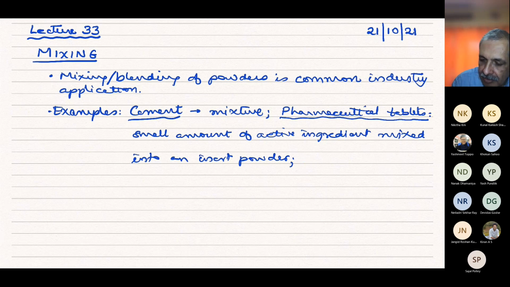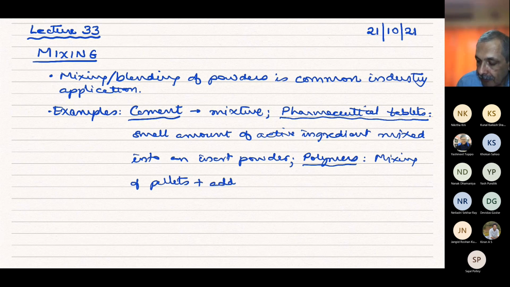Another example could be in polymers. Very often you will mix more than one polymer together. So you have to mix the pellets first, and then very often they'll put many additives in there, which may be also powders.